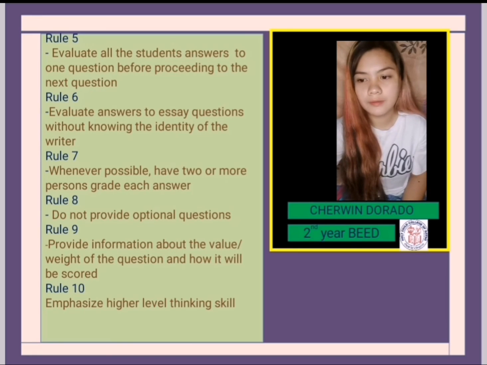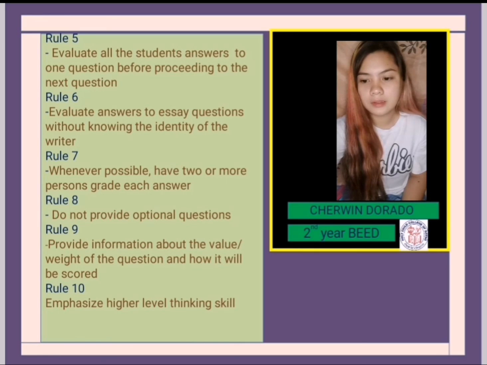And rule number 5 is evaluate the student's answer to one question before proceeding to the next question. Rule number 6 is evaluate answers to essay questions without knowing the identity of the writer. And rule number 7 is whenever possible, have two or more persons grade each answer.